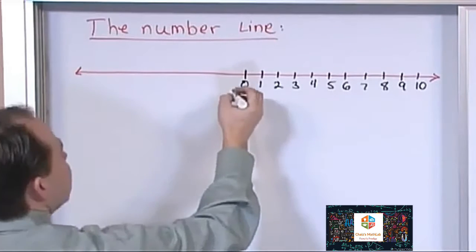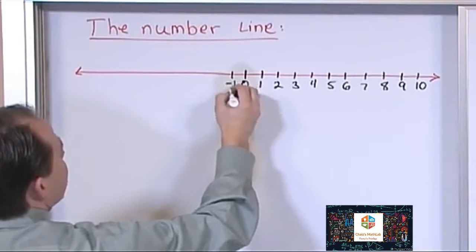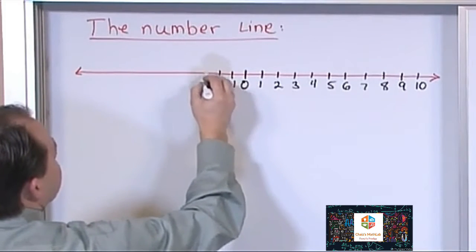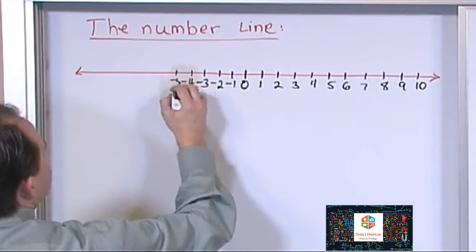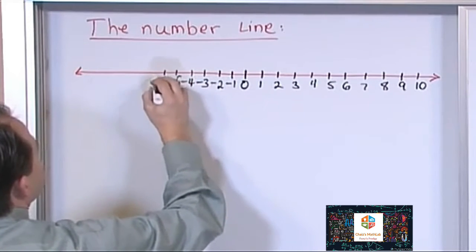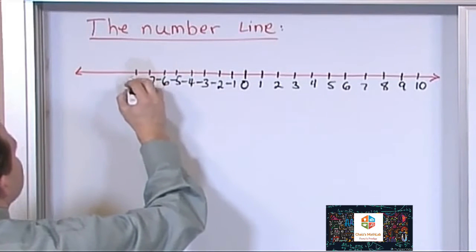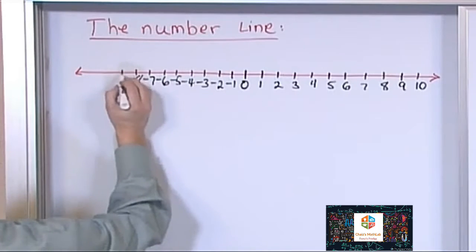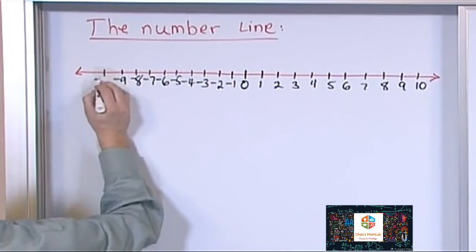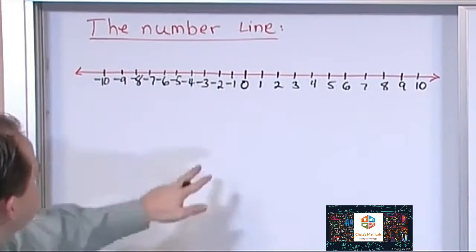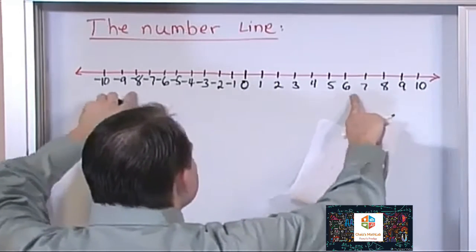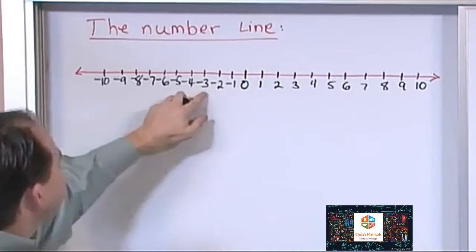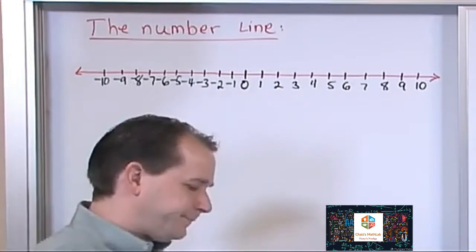And to the left is the negative numbers. Negative 1, negative 2, negative 3, negative 4, negative 5, negative 6, negative 7, negative 8, negative 9, negative 10. So you see 0 is like ground zero here in the middle, and then going out both directions, the numbers get larger and larger. It's just that these are negative and these are positive.